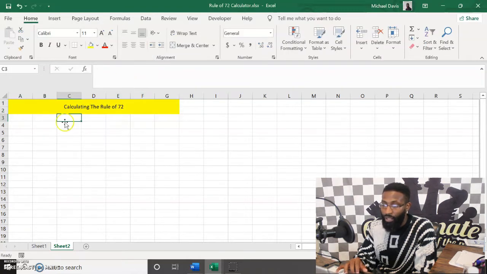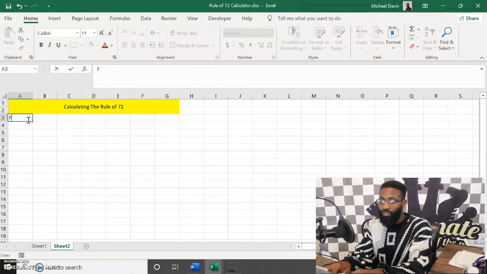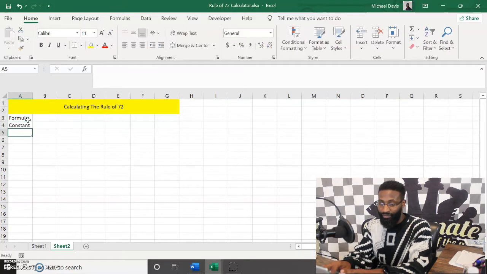Okay. So, calculating the rule of 72. Then we go down here, right? And we're going to start with the formula. We need the formula. We need the constant. I'm going to break down what the constant is going to be.